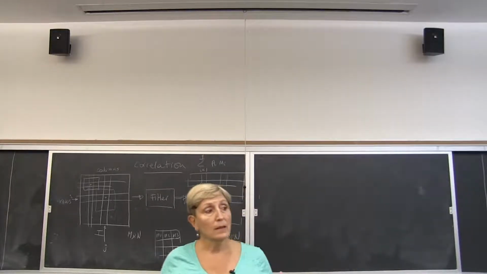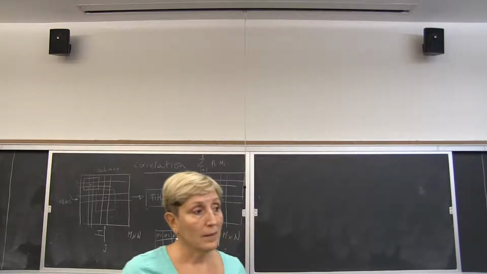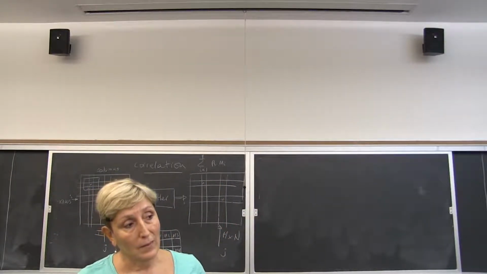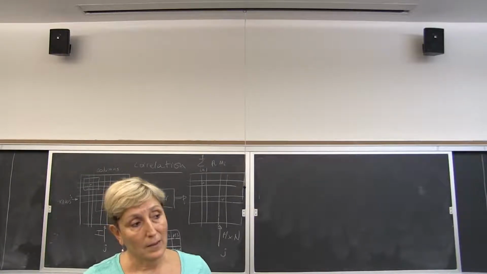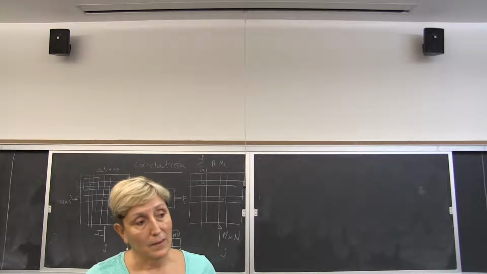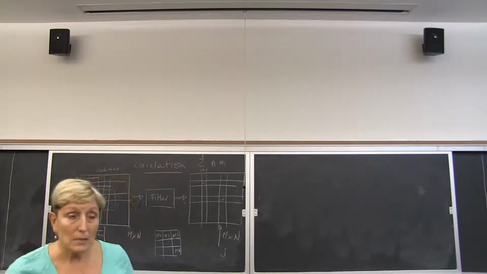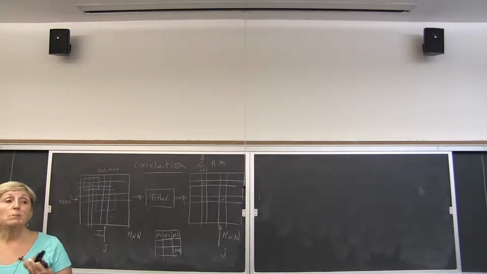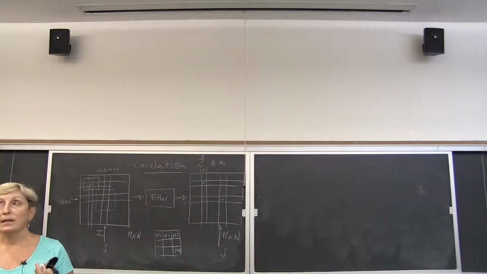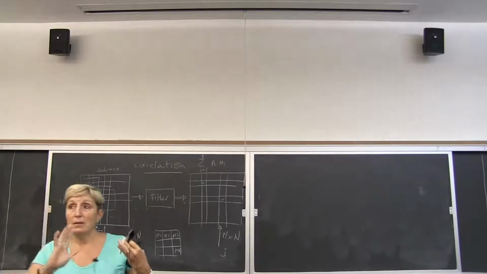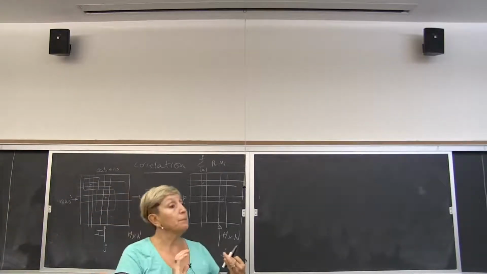Yes? I think shift invariant is, it doesn't matter if you go from right to left or left to right. The middle pixel will always be the same with the operation given in the matrix. That's true. It also means that if I shifted my image and I apply the filter to the shifted image, I will get the same result as before, but just shifted.